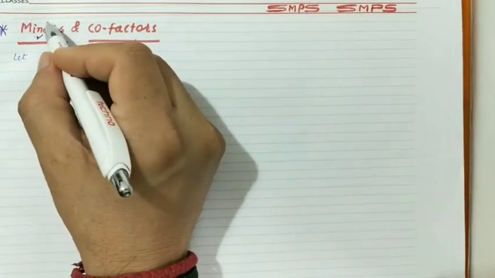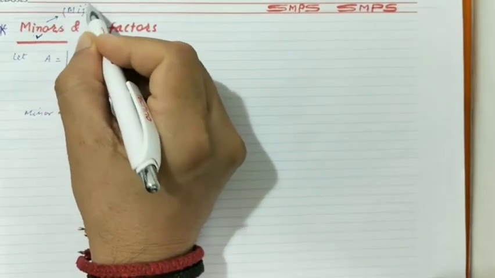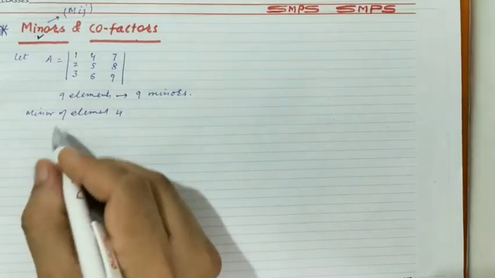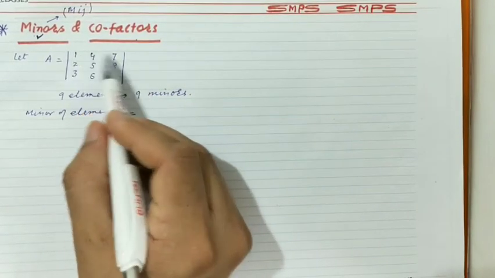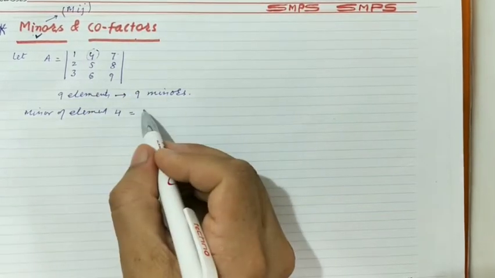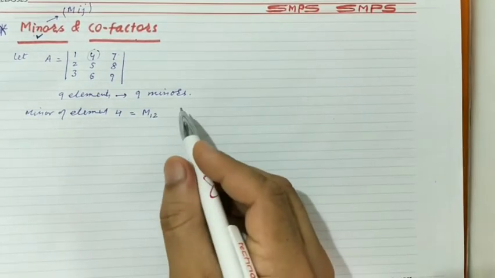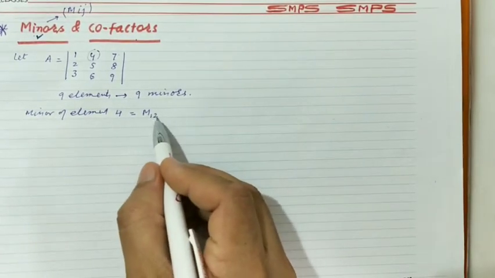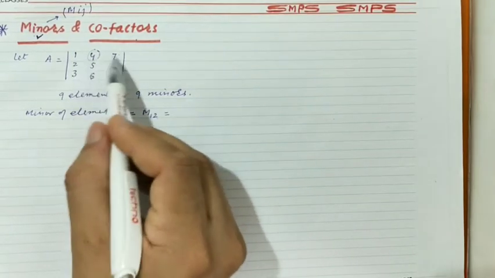Minor is represented by Mij. The minor of element 4 is M12, because 4 lies in the first row and second column.